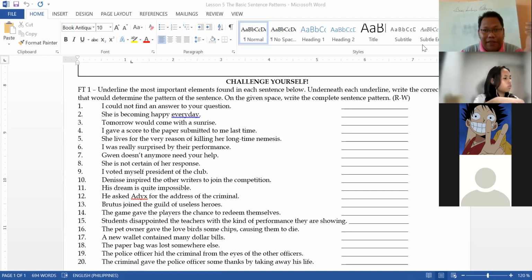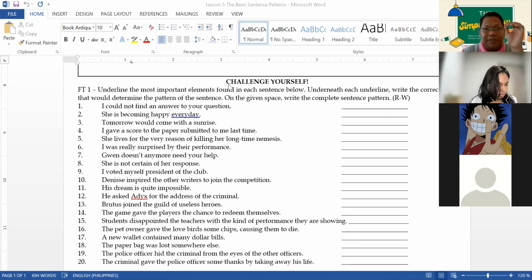I underlined only those which I consider to be significant, necessary to be underlined in order to have our sentence pattern completely identified. Secondly, you are to provide labels below each of those underlined components or elements of the sentence. The labeling is to supposedly guide you in determining your sentence pattern.